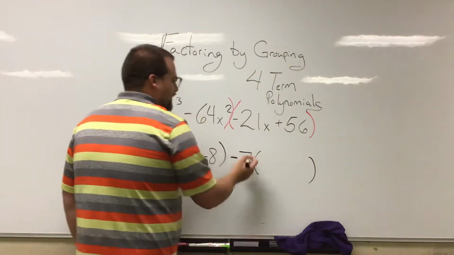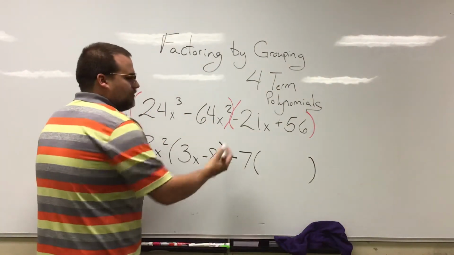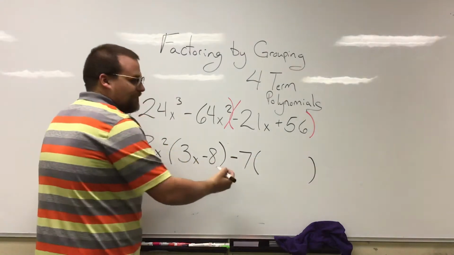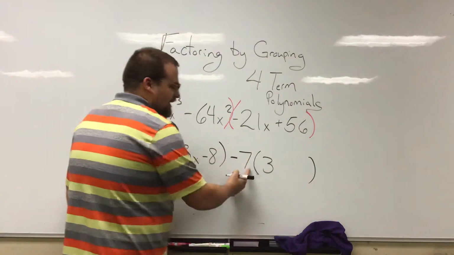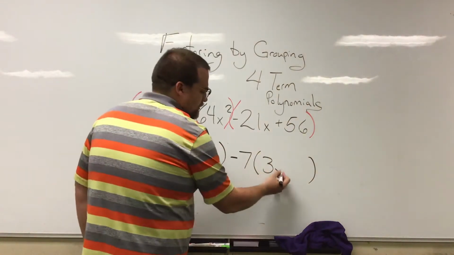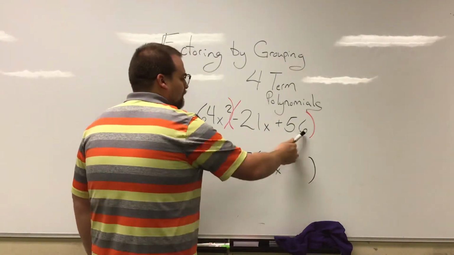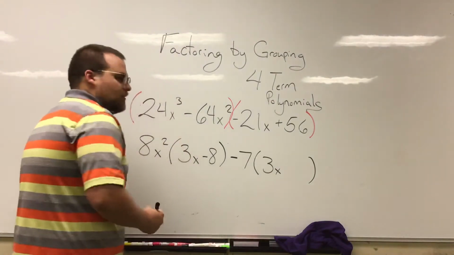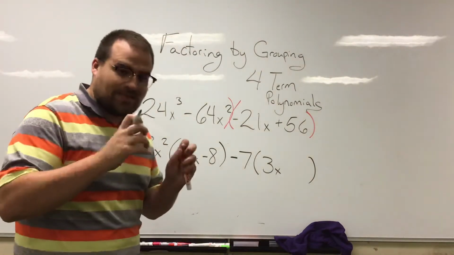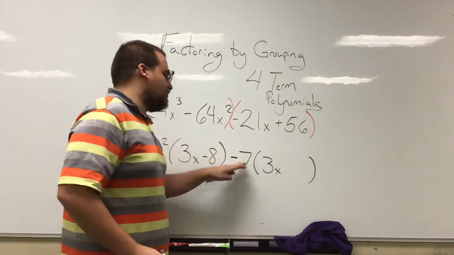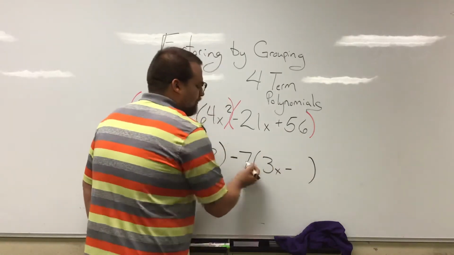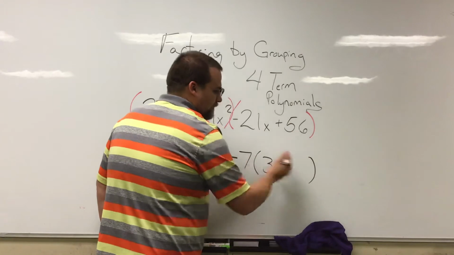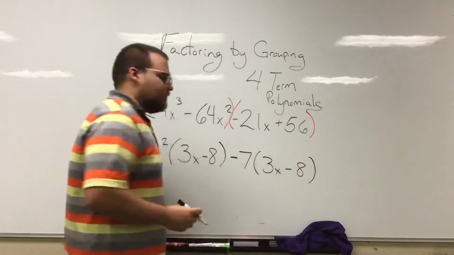So taking out negative 7 from negative 21x, negative 21 divided by negative 7 is positive 3. This has an x, and I'm not taking out any x's, so that x is going to remain. Now 56 divided by negative 7. That's where taking the negative out comes in, because we have a positive divided by a negative, so it's going to make a negative number. And 56 divided by 7 is 8.